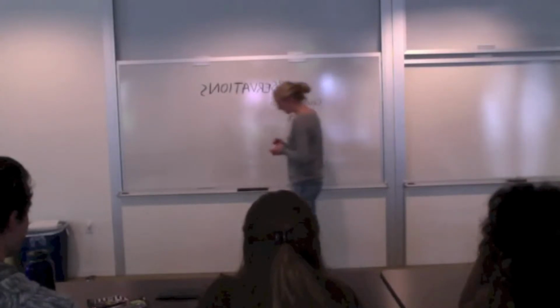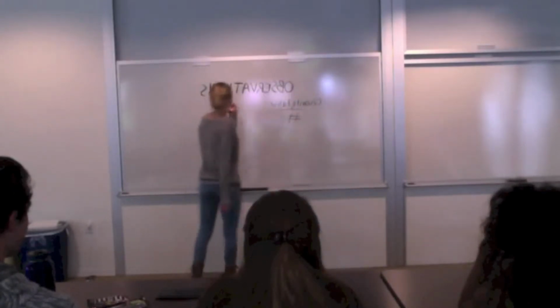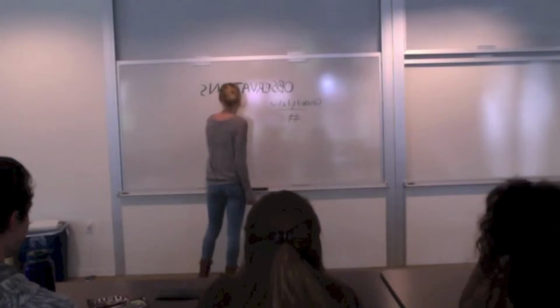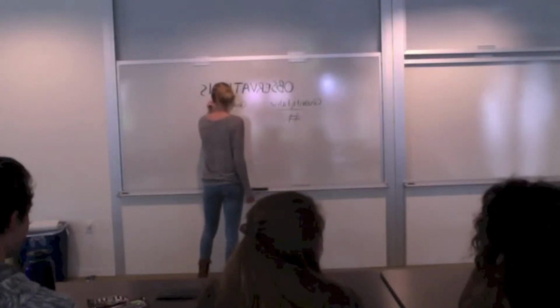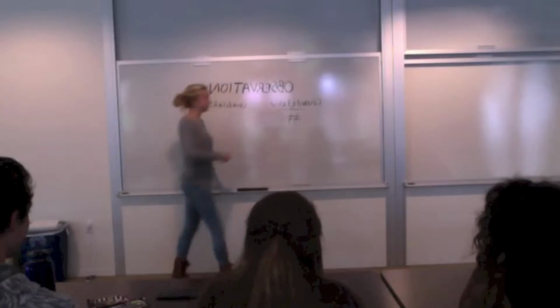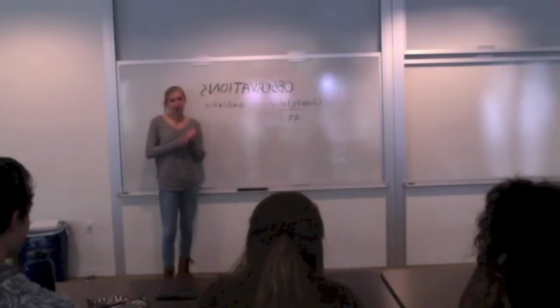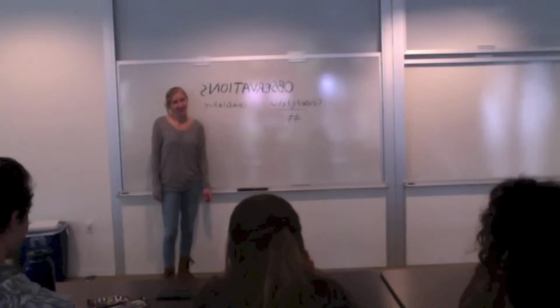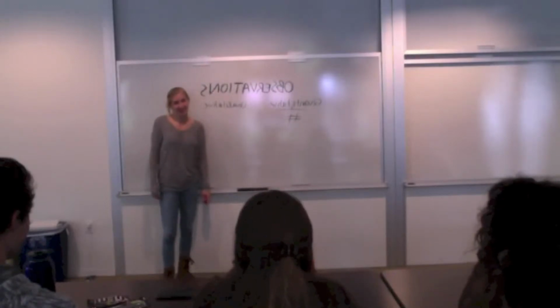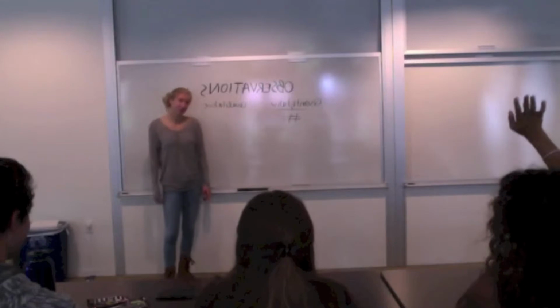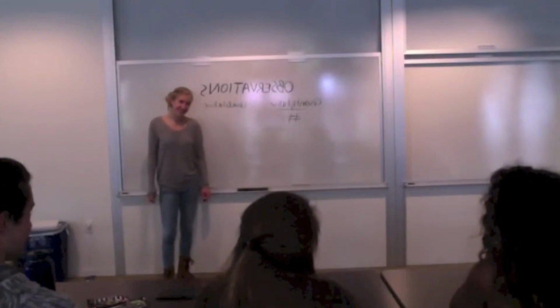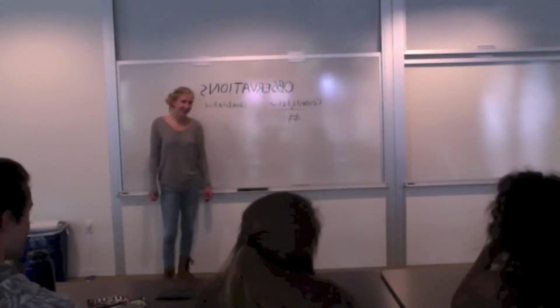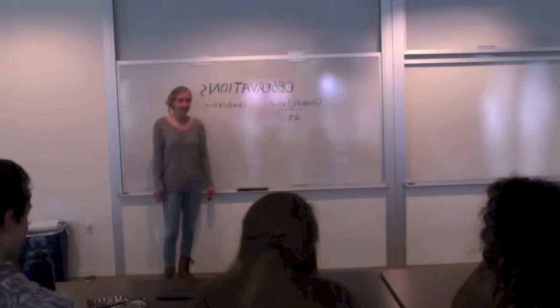All right, so the next type of observation is a qualitative observation. Does anyone have a guess on what a qualitative observation would be? Aurora. Something to do with the quality of things, like color or texture maybe?